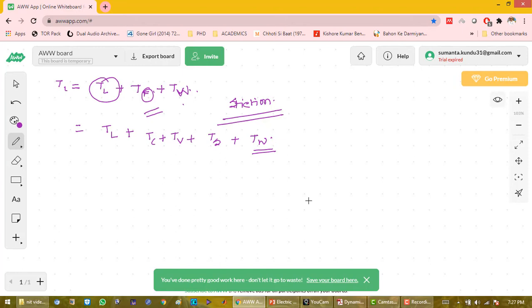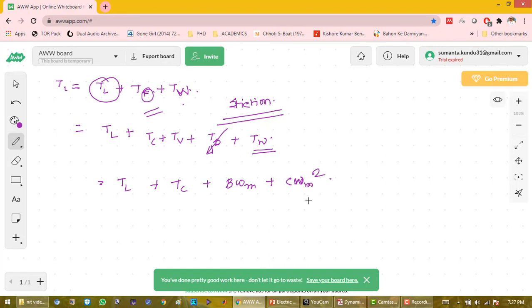Now this TS is 0 in dynamic condition, so we will finally get TL plus TC, and TV we have seen from the y equals mx equation, B omega m, and it is changing with the speed, so a square term will appear, we know from our basic mathematical knowledge. So C omega m square.